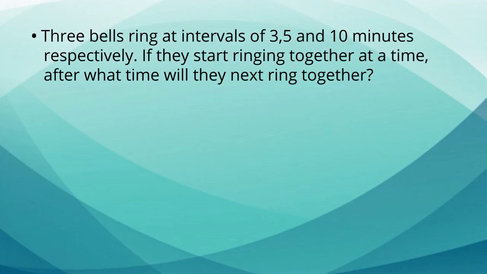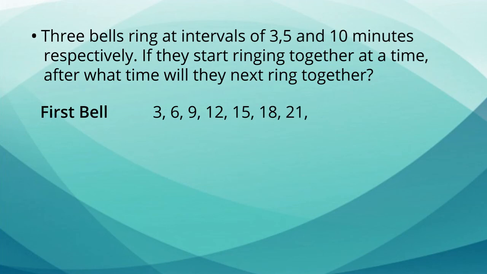That means the first bell will ring at 3 minutes, then the second time at 6 minutes, then the third time at 9 minutes, then 12, then 15, then 18, then 21, then 24, then 27, and then 30, and so on.